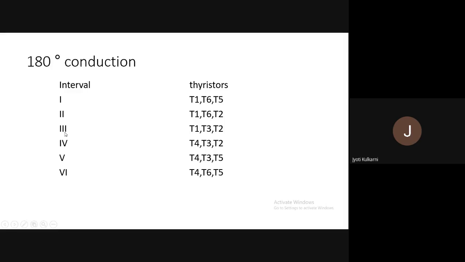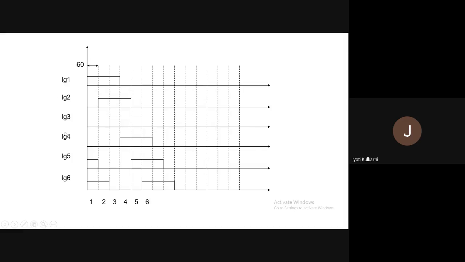Similarly, in interval number 3, these devices are in conduction. Interval number 3: T1, T2, and T3. Now in the third interval, T3 will come. As 6 will go out, T3 will come.